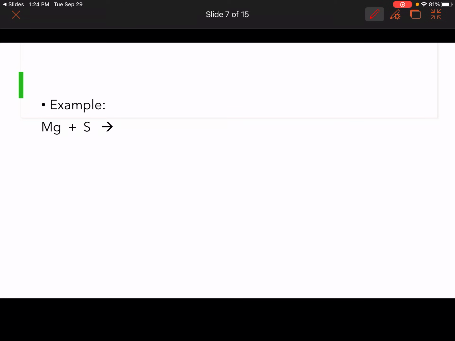If we take these two things and we combine them to make one, it's going to make magnesium sulfide. But before that happens, what you wouldn't see is magnesium 2+ would be identified and sulfur 2- would be identified, and then we would have our magnesium sulfide, right? So we know that these ions would be created because this is an ionic compound.